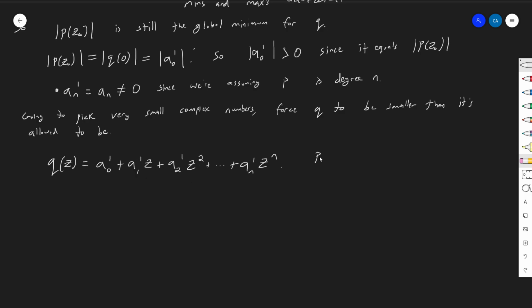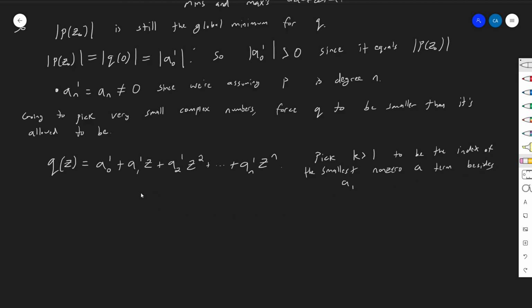So I'm going to pick k greater than 1 to be the index of the smallest non-zero a term besides a1.